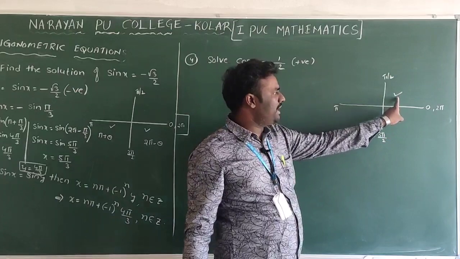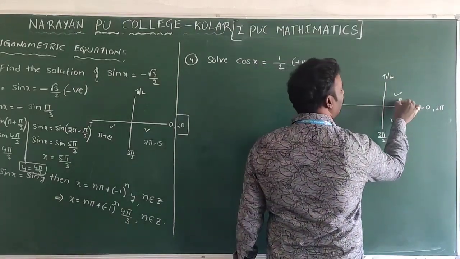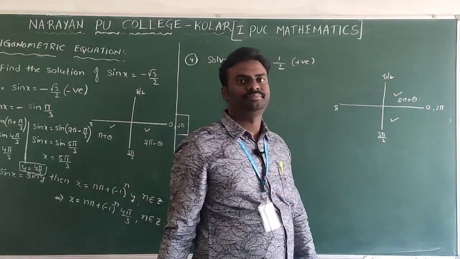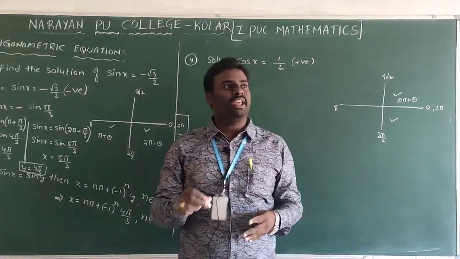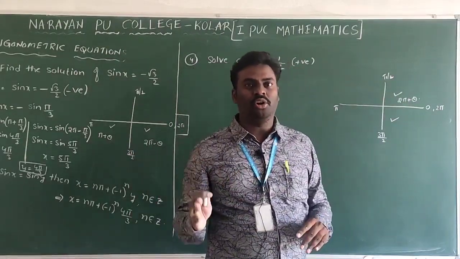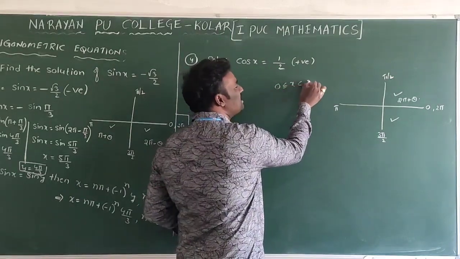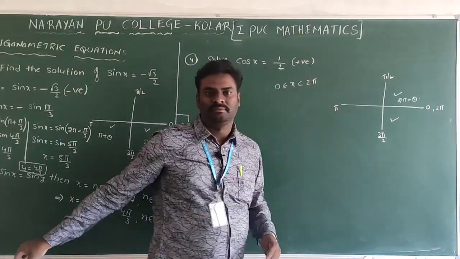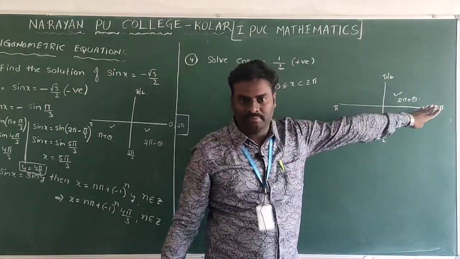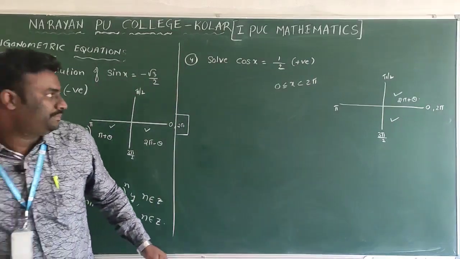Now it can be written as 2 pi plus theta. If you take 2 pi plus theta, actually this is 2 pi plus theta, but we know the principal range is 0 less than or equal to x less than 2 pi. But this value is more than 2 pi. That's why you don't take the solution here.